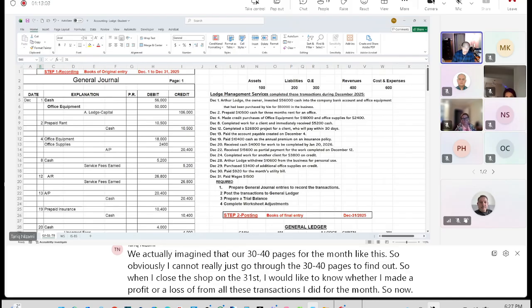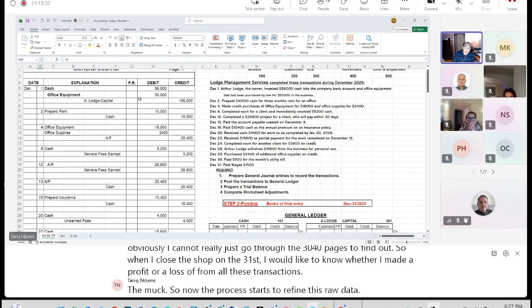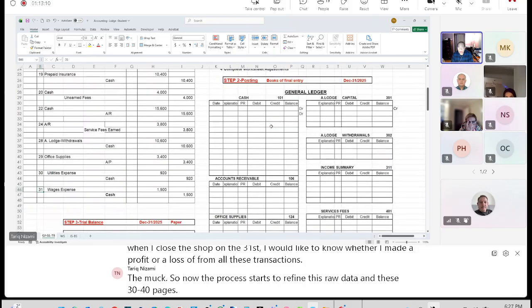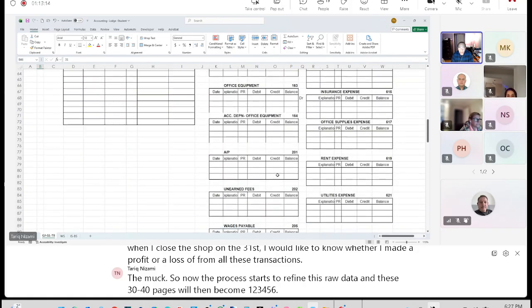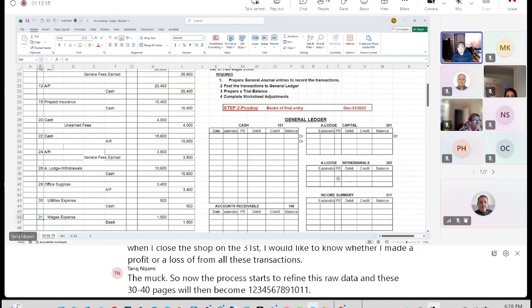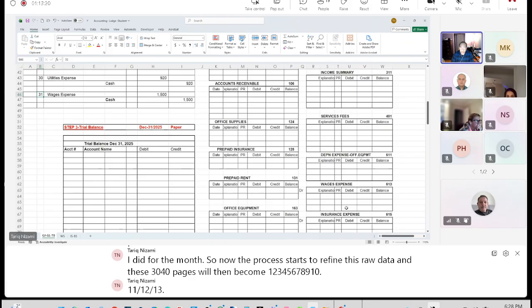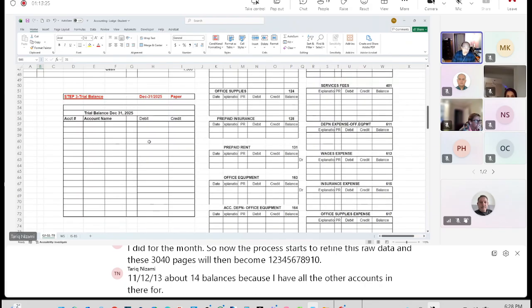So now the process starts to refine this raw data. These 30-40 pages will then become 1, 2, 3, up to about 14 balances, because I have all the other accounts in there for after adjustment.